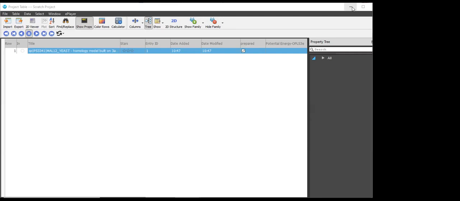This is the Prime screen we are seeing, and there are a number of options, like file, edit, select, workspace, script, view, window, and others. Here in the right corner you can see the tasks options, where you can find the homology modeling option. Here you can find the homology model.